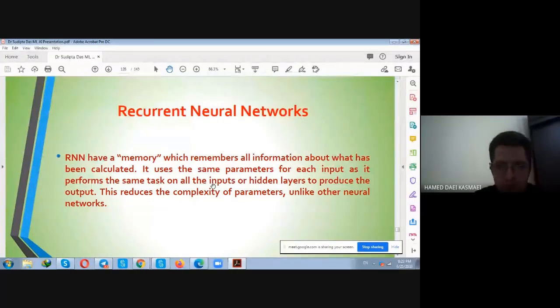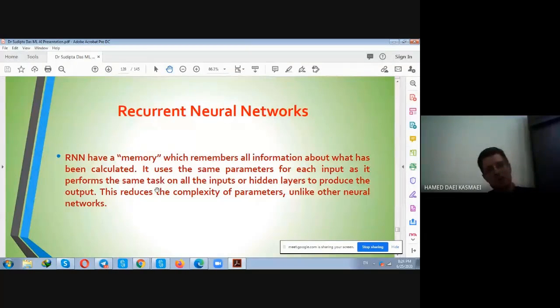It uses the same parameters for each input as it performs the same task on all inputs or hidden layers to produce the output. This reduces the complexity of parameters, unlike other neural networks. It's very important. So the data here is normalized, and we don't have that curse.